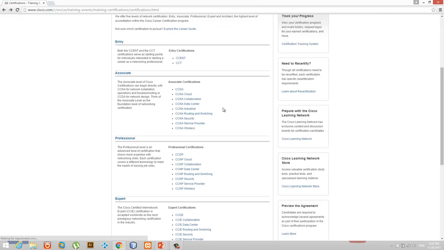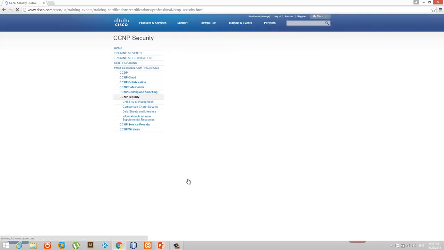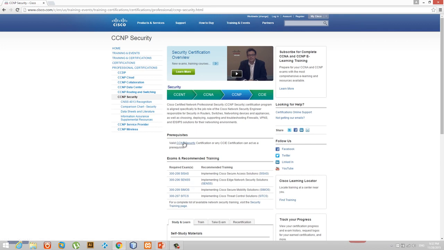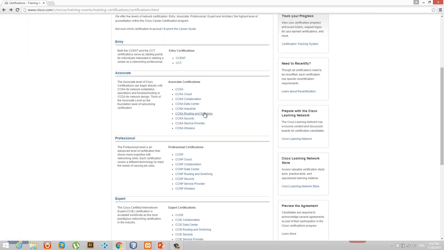Similarly, if you want to do CCNP R&S, you need to have CCNA R&S. If you want to do CCNA security, you need to have a CCNA or a CCENT exam. And if you want to do CCNP security, you need to have CCNA security. So CCNA routing and switching forms the basis of a lot of things.